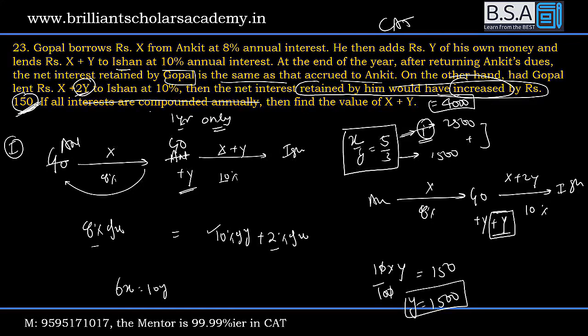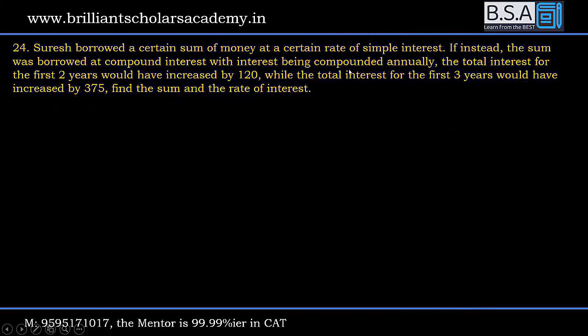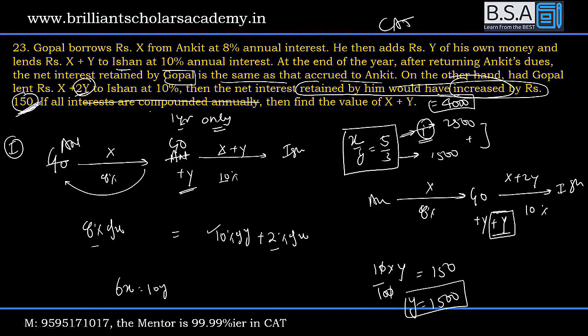In the case of X plus 2Y rupees, you are able to generate 150 rupees more. Why are there 150 rupees more? Because that is 10% of Y. Confirmation on this?